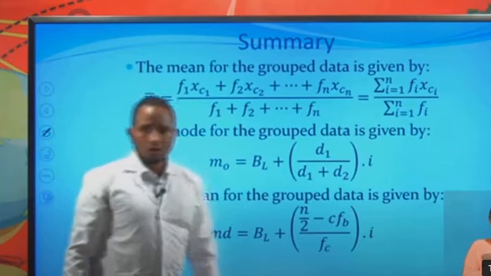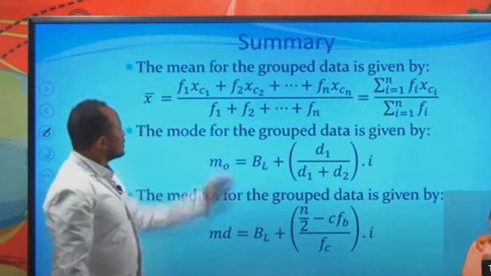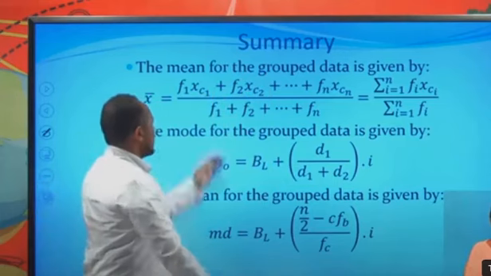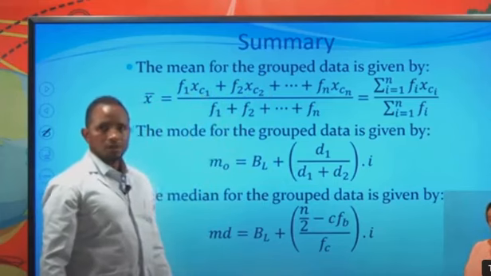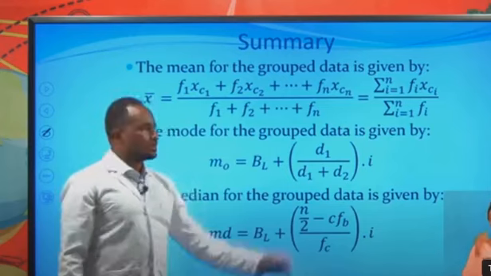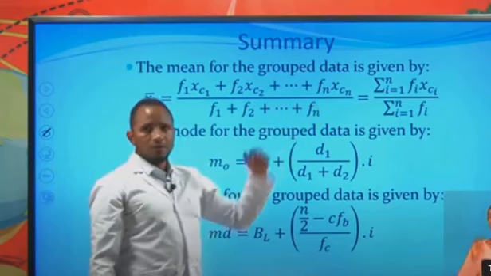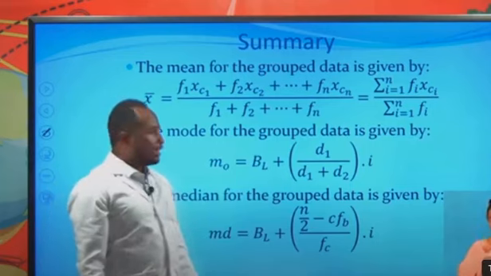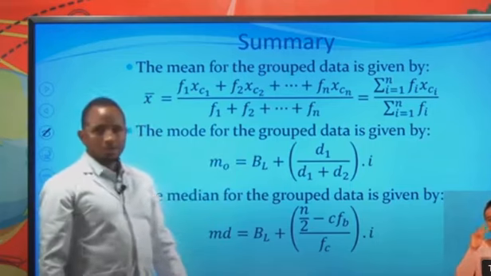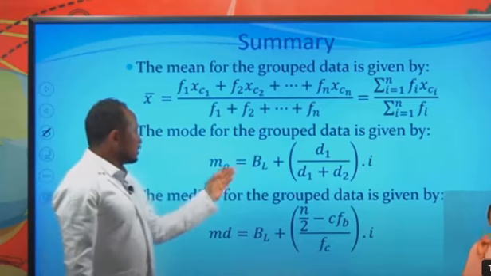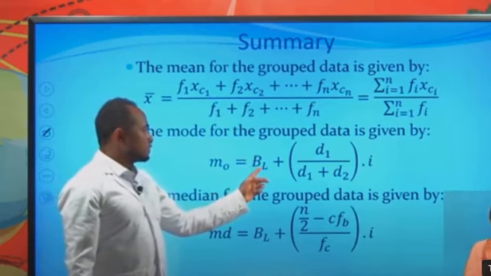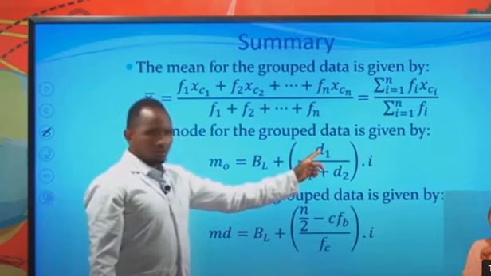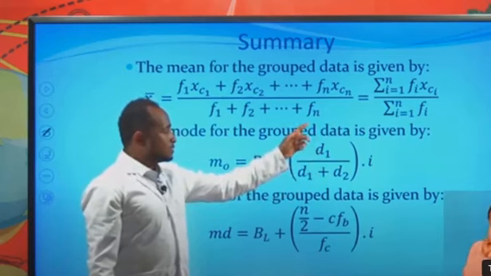To summarize what we have seen today, the mean for grouped data is given by this formula: f1 xc1 plus f2 xc2 plus up to fn xcn, divided by f1 plus f2 plus up to fn. The mode for grouped data is the lower class boundary of the modal class plus D1 divided by D1 plus D2, times I, where D1 is the difference between the frequency of the modal class and the preceding class.